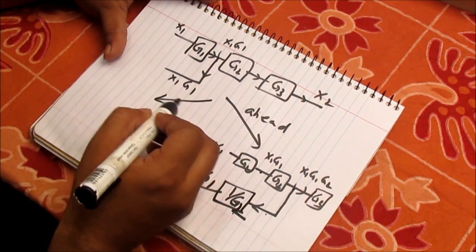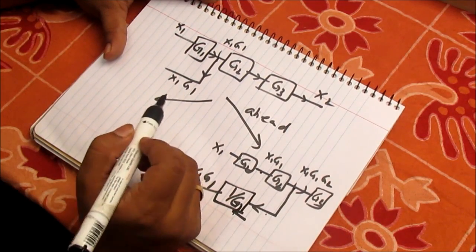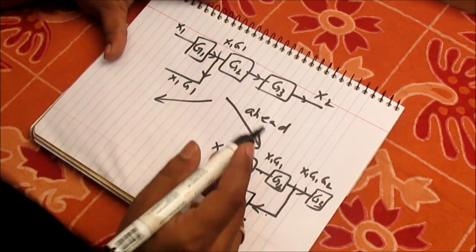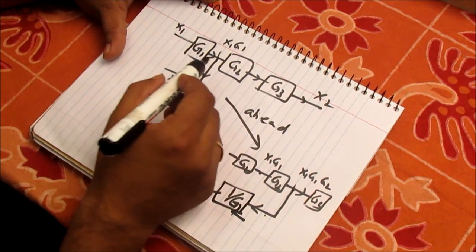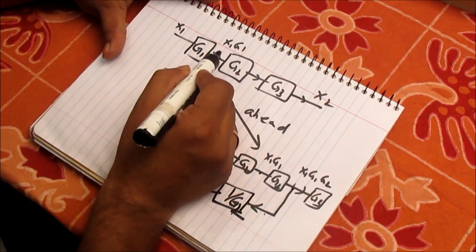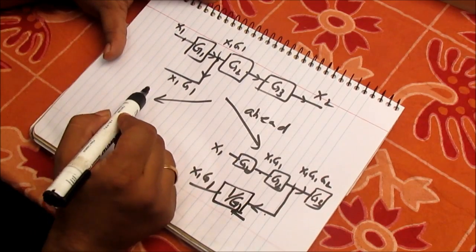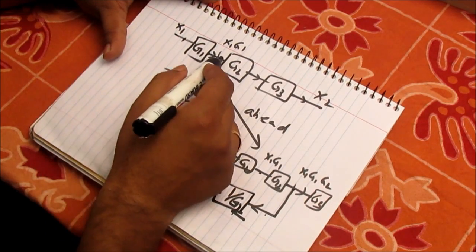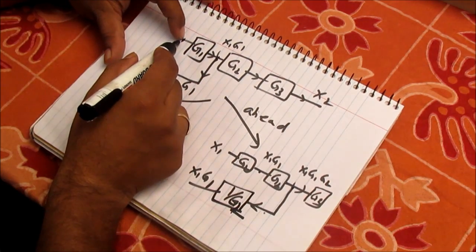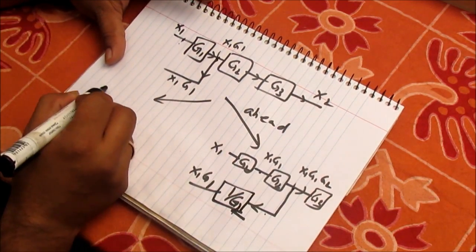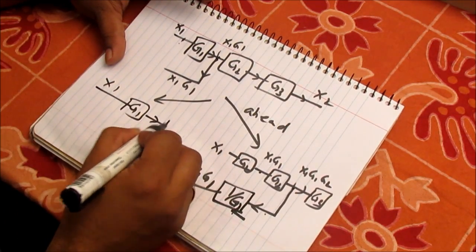And now we will see another case, where I have to place this takeoff point behind the block G1. Its value is x1 G1, and I am placing it here before this block. So here it is G1, here it is x1, here it is G2.